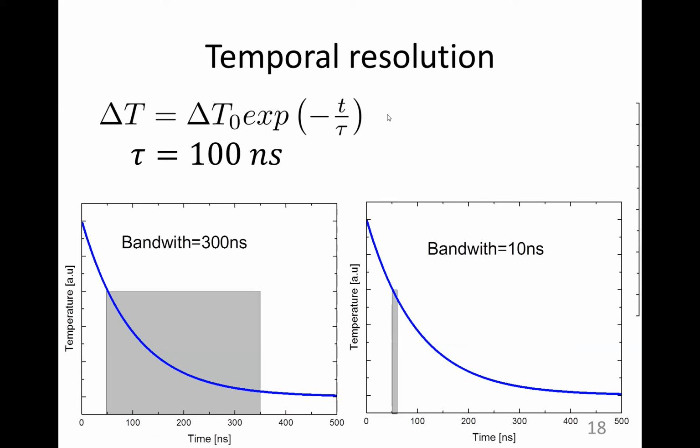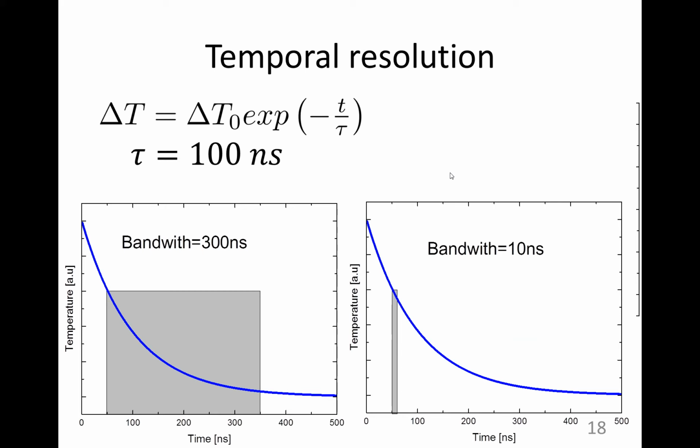And coming back to the issue of the temporal resolution, as I said, the usual time scale or decay rate of the thermal processes in the nanoscale, even at low temperatures, is relatively fast. I drew here two exponential decays with a decay time of 100 nanoseconds.